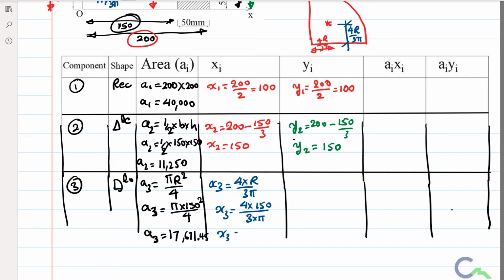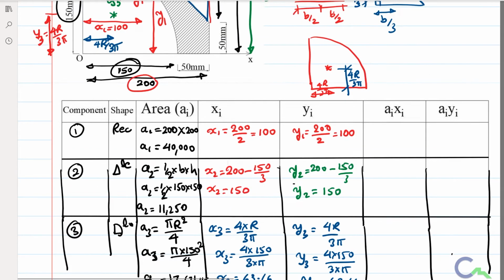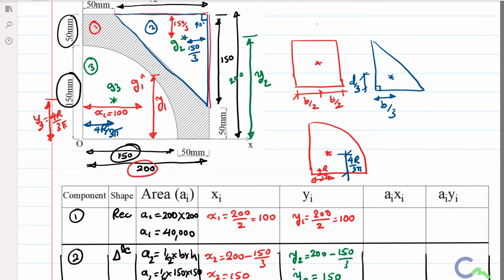If I do the calculation, x3 is equal to 63.66 millimeter. Similarly y3 is equal to 4r by 3 pi is equal to 4 into 150 divided by 3 into pi. Therefore y3 is equal to 63.66.